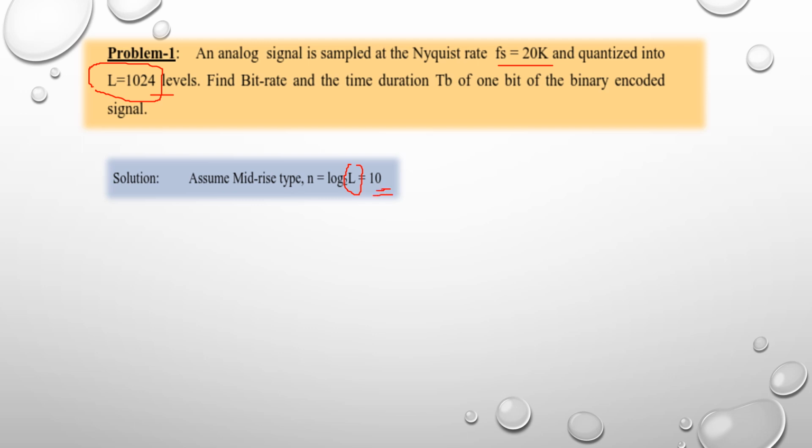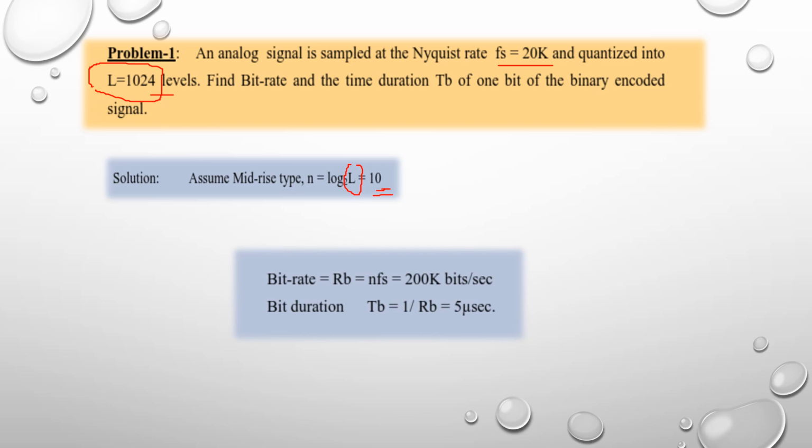Now we have to find out the bit rate. We know that bit rate is equal to n into Fs. We know that n is equal to 10 and Fs is equal to 20k. Replacing these, we get 200k. So the bit rate is equal to 200k bits per second.